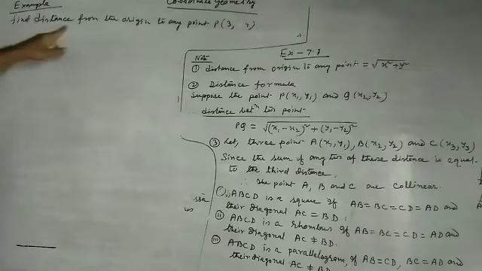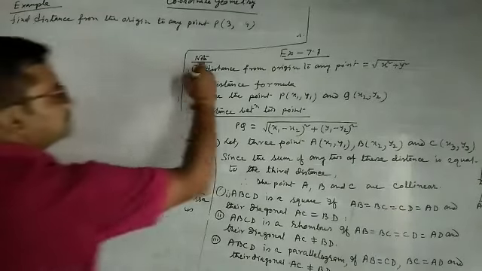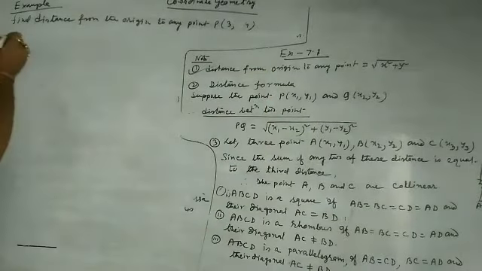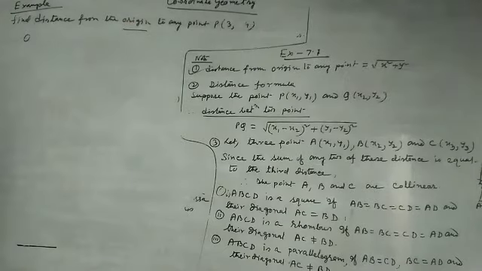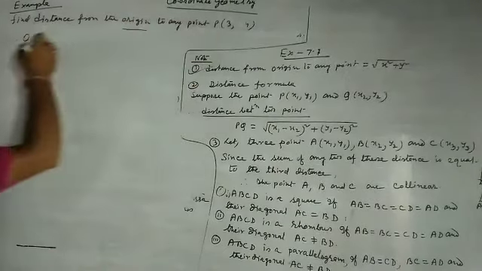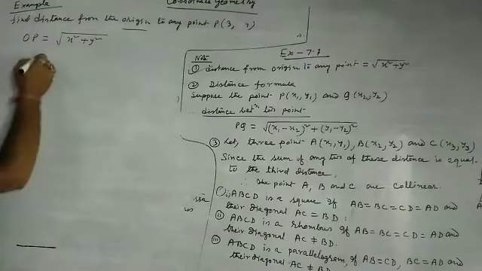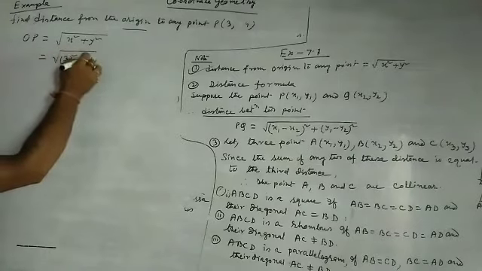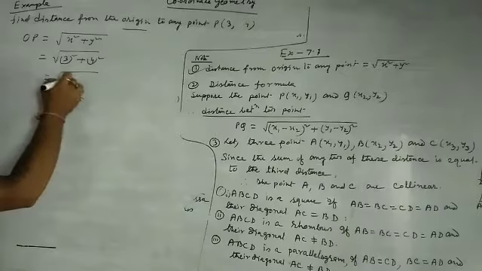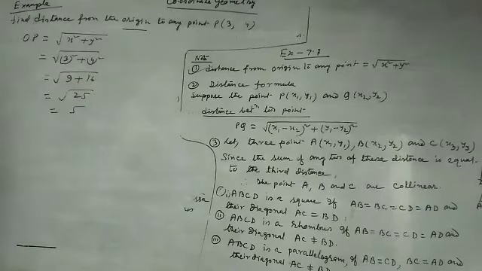Find the distance from the origin to the point P(3, 4). How to find? This is the formula. We know the origin is indicated by O, and for any point P the distance is root of x square plus y square: root of 3 square plus 4 square, 9 plus 16, 25, so 5.